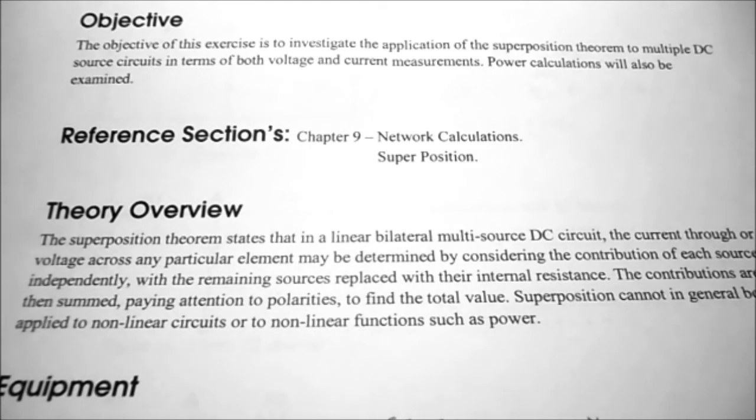The contributions are then summed, paying attention to polarities to find the total value. It says superposition cannot in general be applied to nonlinear circuits or to nonlinear functions such as power.